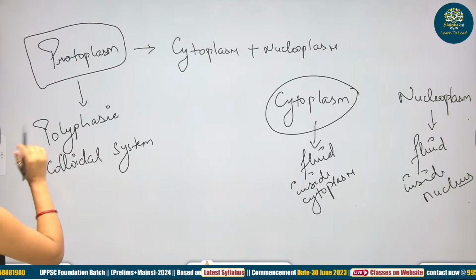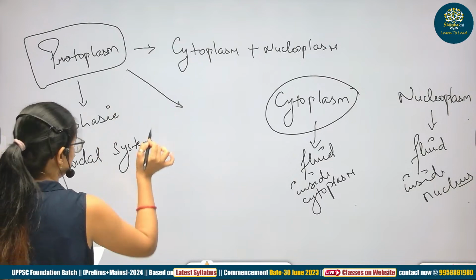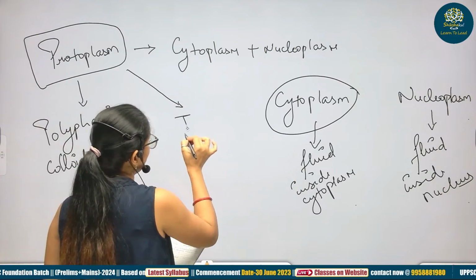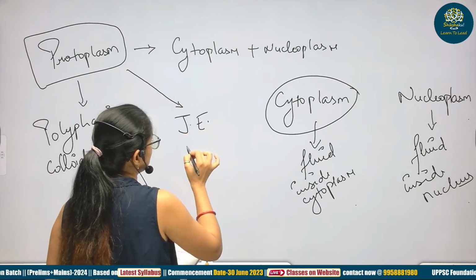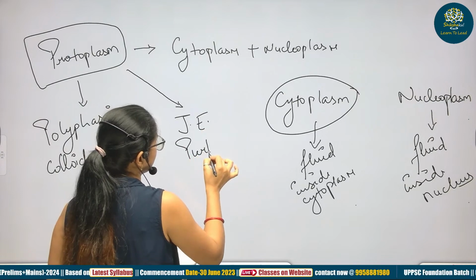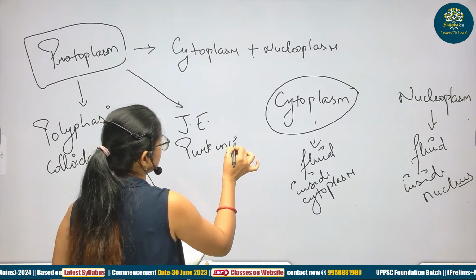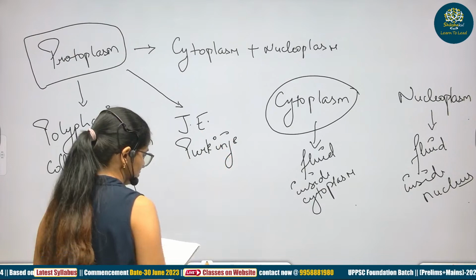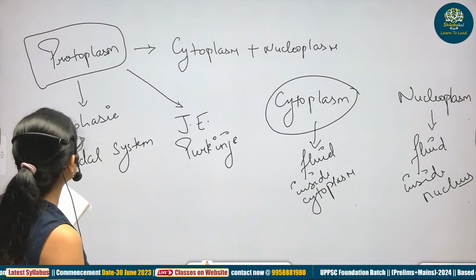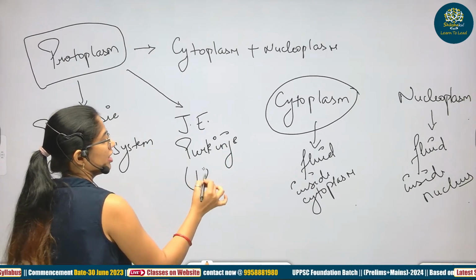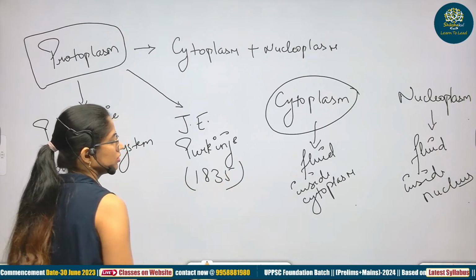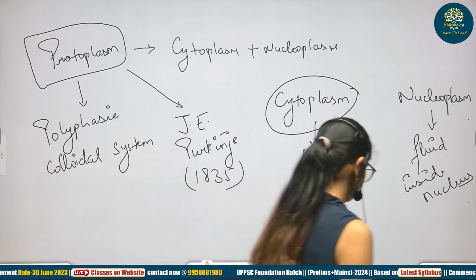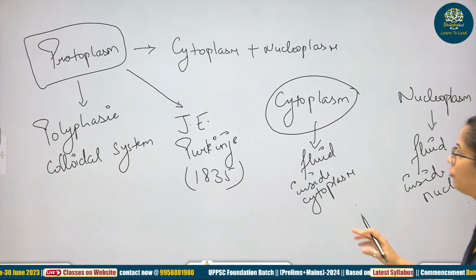Who invented the protoplasm? One more important term. Who invented it? J.E. Purkinje. J.E. Purkinje invented the term protoplasm in the year of 1835. As I have already told, proto means first.